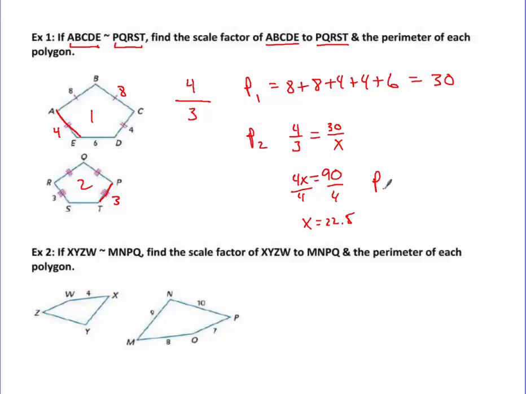So the P2, our second perimeter, is 22.5.